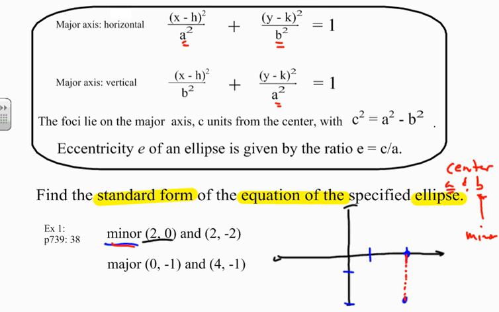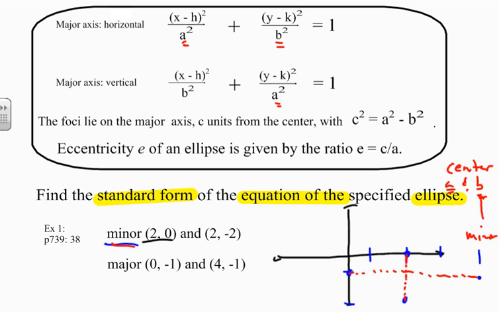Our major axis, when we write this out, we have (0, negative 1), going from here to (4, negative 1) right here. We can graph this, and we can see this is the major because it is the longest of all the axes. I'm not a very good drawer, and my scales are way off. I apologize.